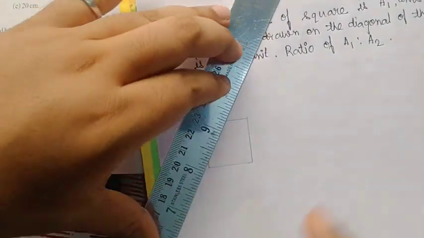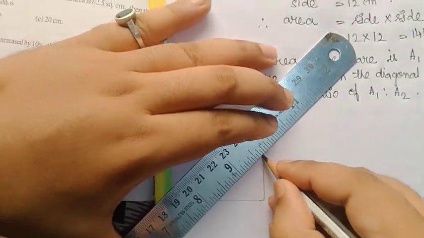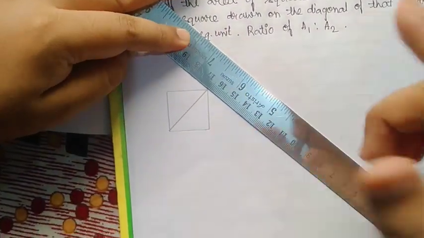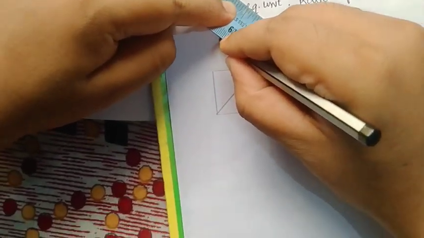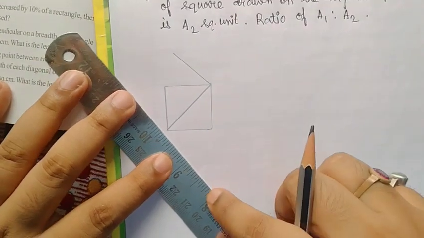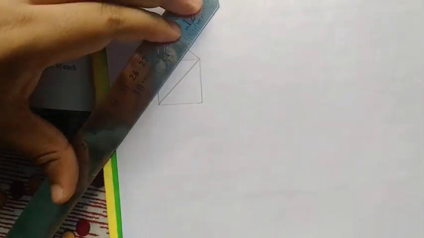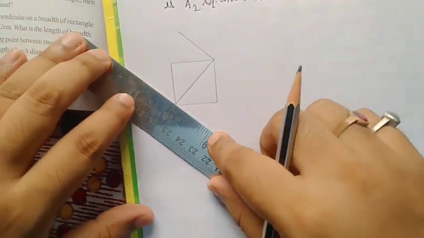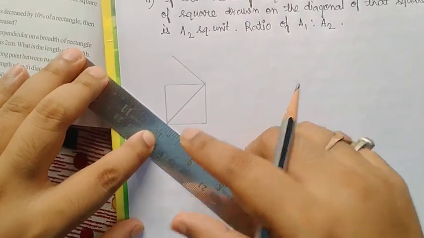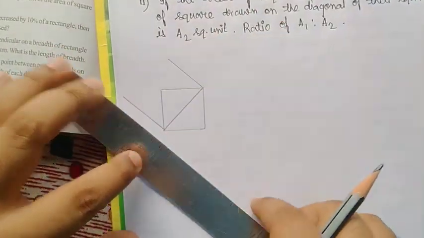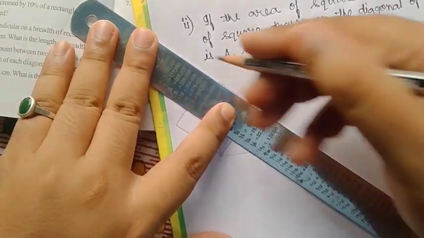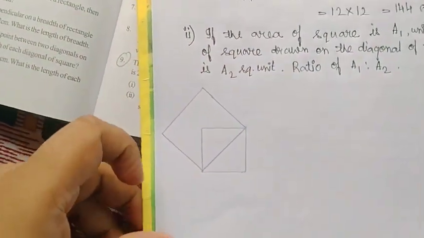If this is a square, you have to draw a diagonal here. This is the diagram.